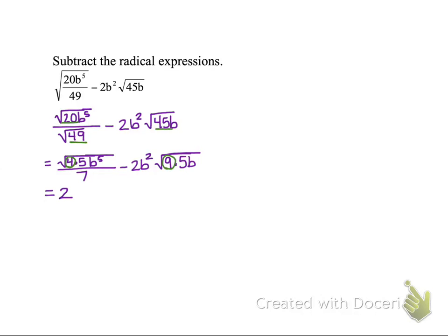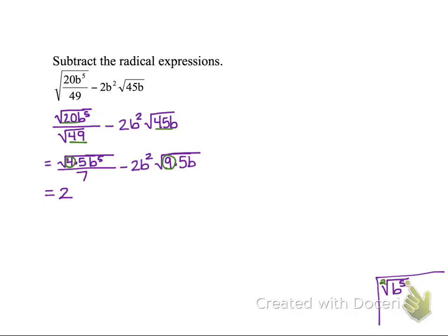Okay, let's do this off to the side so you can see where I'm coming from with this. So I have b to the fifth under the square root sign. You probably remember the trick we've learned in this chapter for how to simplify radicals such as this. Remember, our index here is a 2. Even though we don't see it in the square root, it's implied that it's a 2.